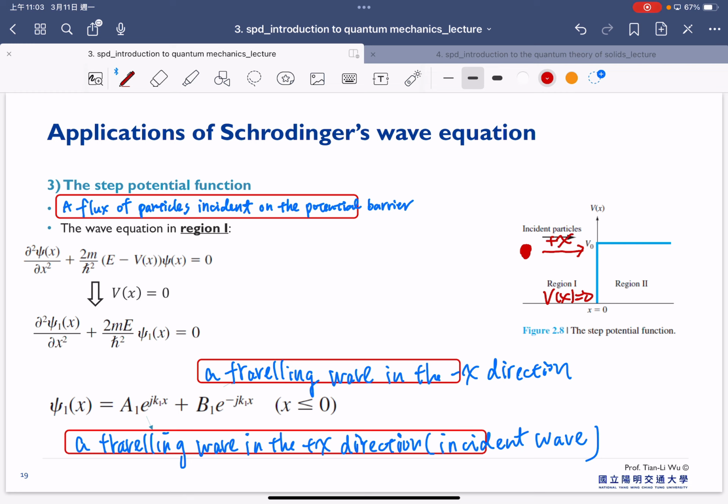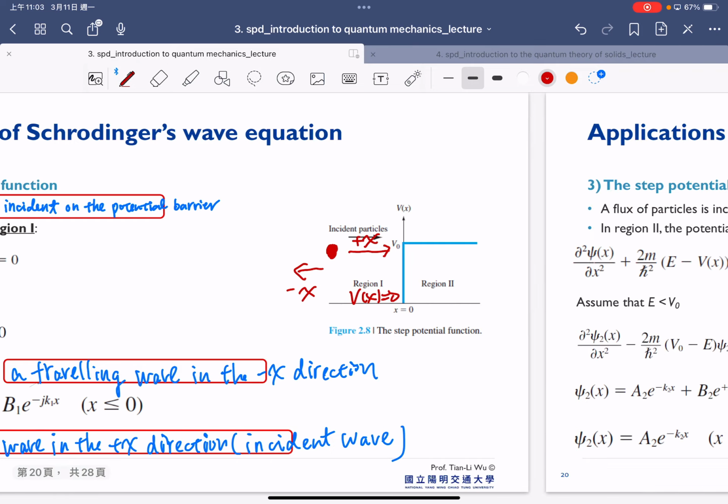Another one is you can have the traveling wave in the negative x direction, minus x direction. So even without this equation, we can already have a good guess. But I think right now we also have the mathematical proof for this case.